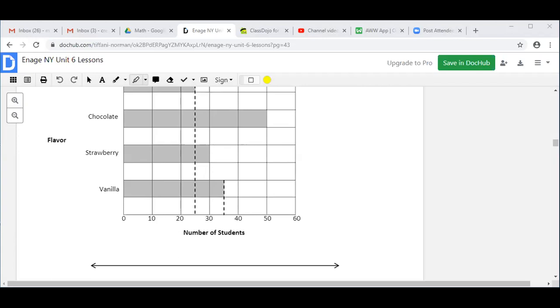So you're going to go ahead and do the math independent practice, and that is with the whales. So I'm going to open that window. Open it in a new window. And again, you can do this on a sheet of paper.